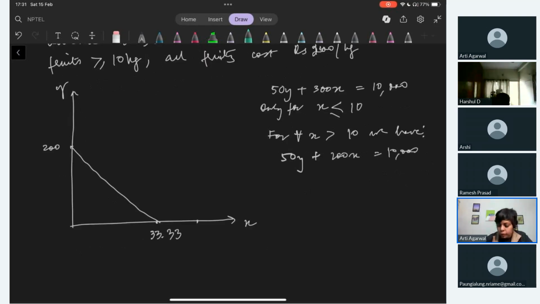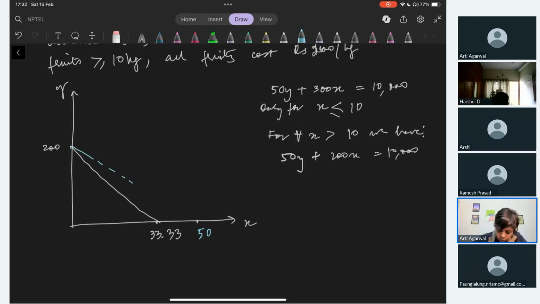So now in this case, what is your new equation going to look like? 50y is equal to 10,000. This intercept is still 200. X intercept is going to change. Now this is 50. This is 50 now. This is by mistake what I drew before.